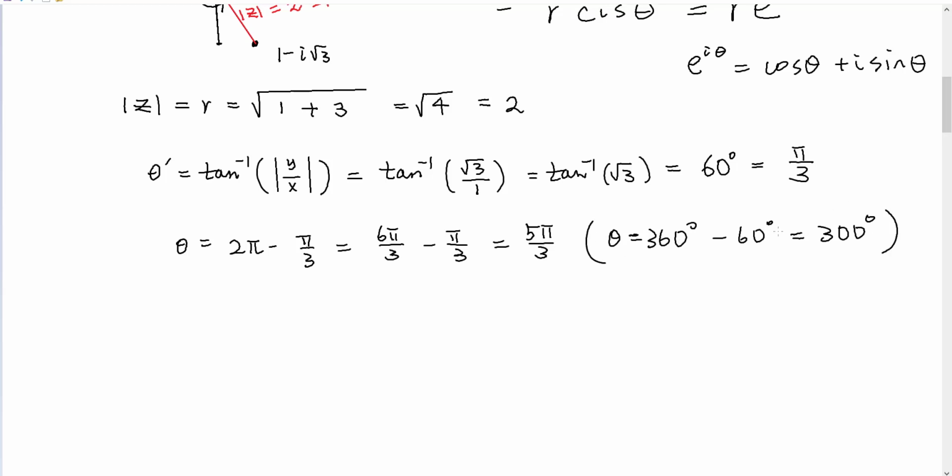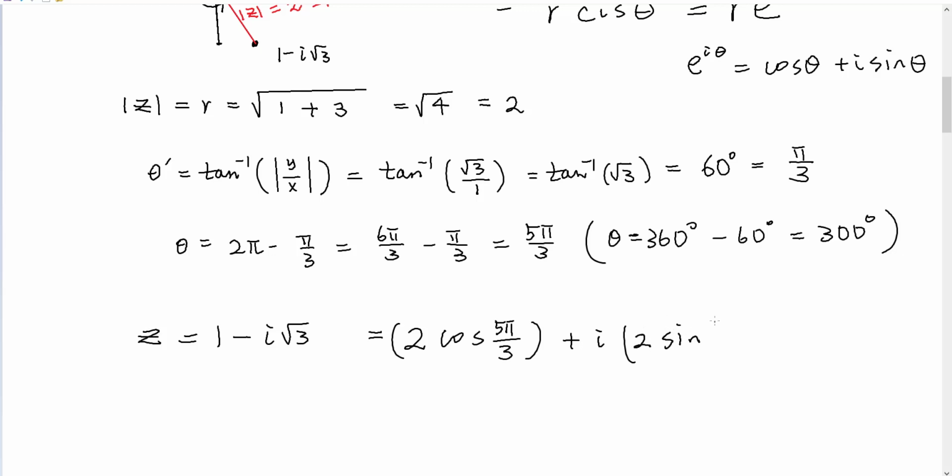And so the complex number that we just wrote, 1 minus i square root of 3, is the rectangular form. And if you convert it into polar form, r is 2 cosine theta, 5 pi over 3, and that's x, and then i times y. y is the absolute value times sine of theta, 5 pi over 3. That's the trig form.